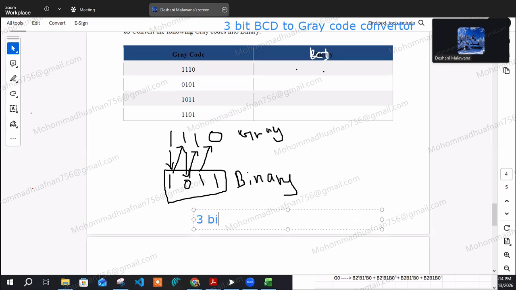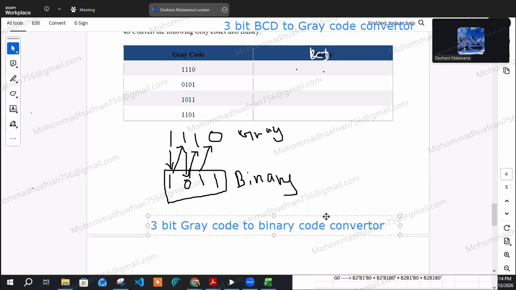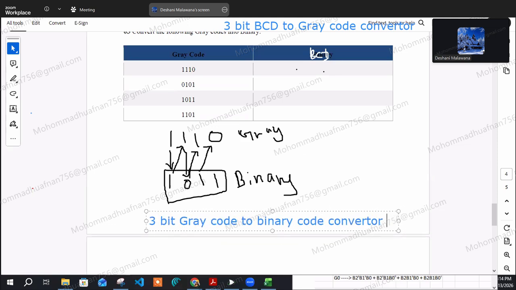I had to save it. Gray code to binary code converter. So this is the task, okay? I think it will be easy for you. Let us see how you are going to do that one, okay?